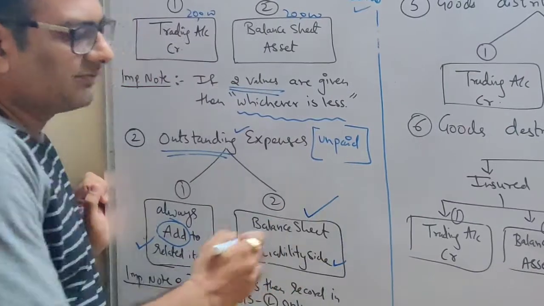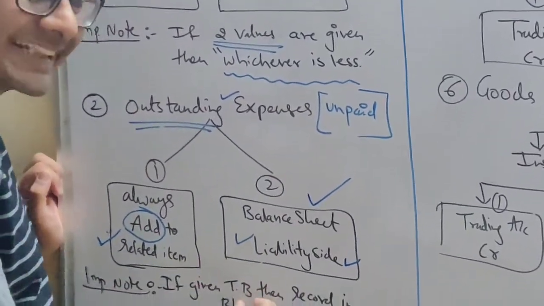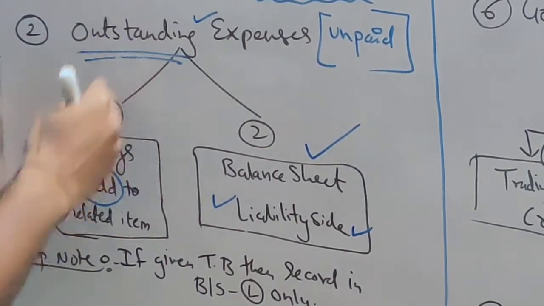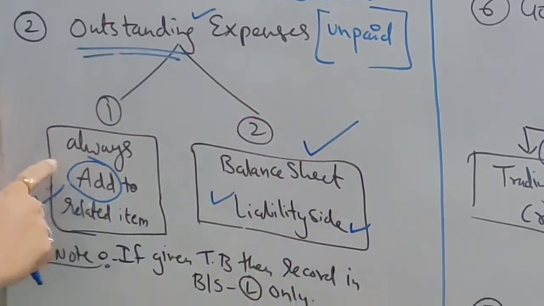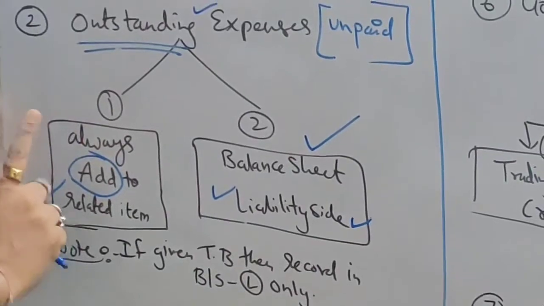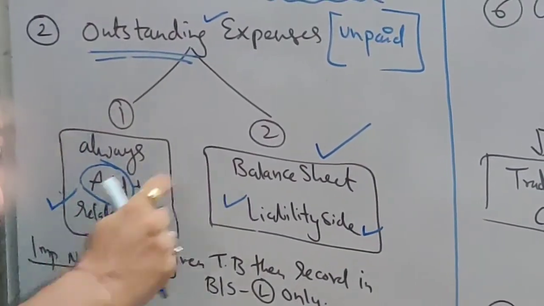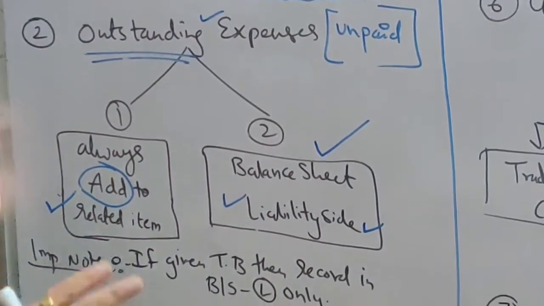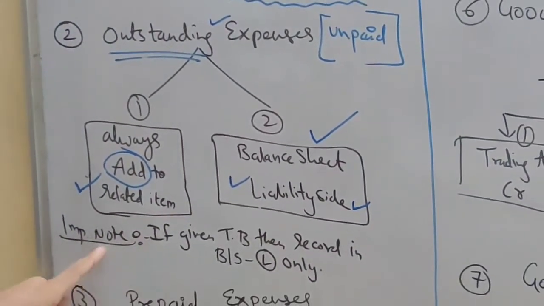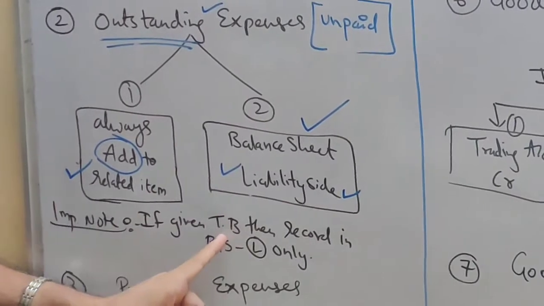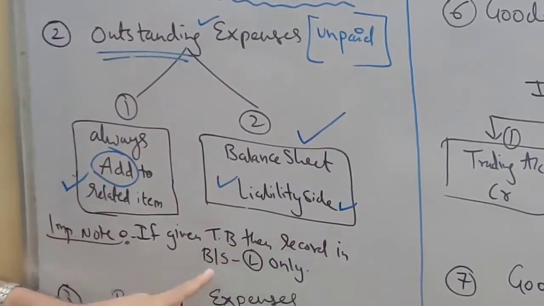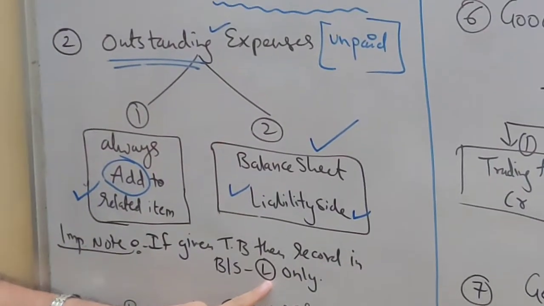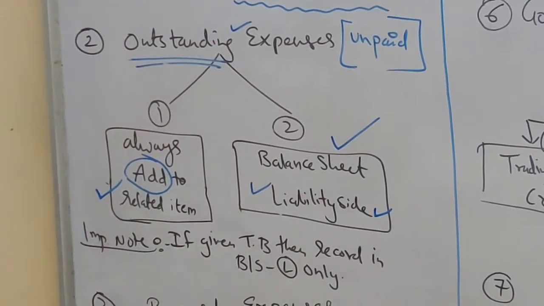You have to give this effect only, if it is inside the trial balance. If it is given as an adjustment, then yes, two effects: one effect is adding to the related item, second effect is on the balance sheet liability side. Am I clear with this? So also, students, take a note of this: if given in the trial balance, then record in balance sheet liability only. You will be giving only one effect if it is inside the trial balance.